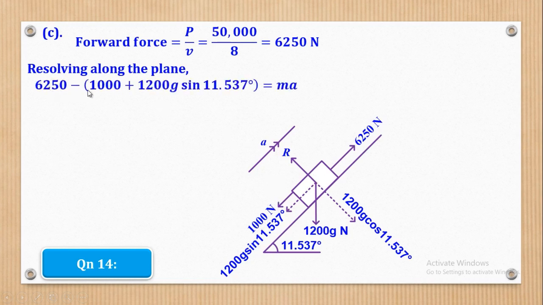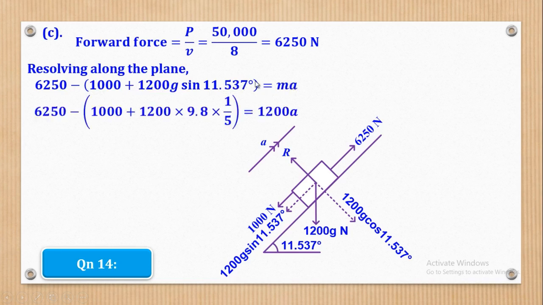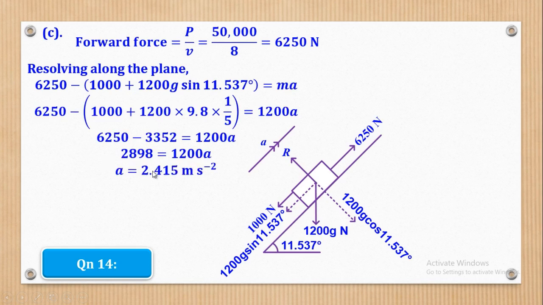So I'll say 6250 minus, in brackets, 1000 plus 1200 g sine 11.537 is equal to ma. And then I substitute to come up with this part, and when I simplify further, I'll come up with my value of a as 2.1415 meters per second squared.